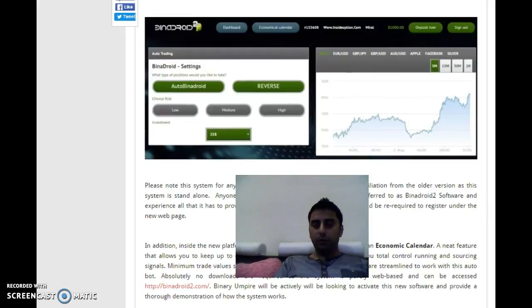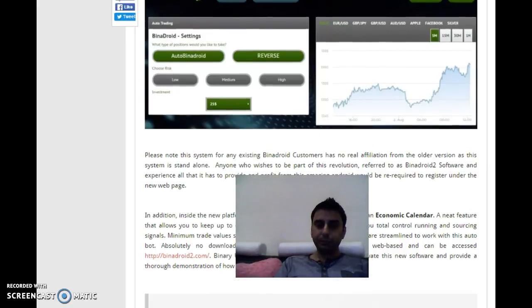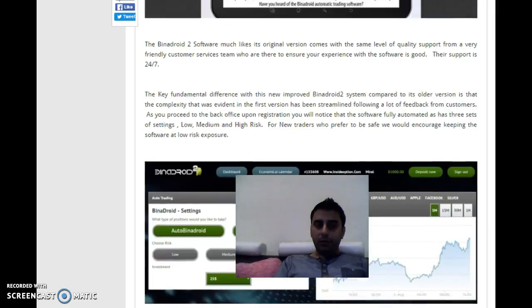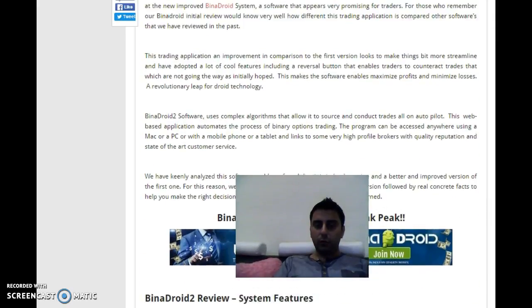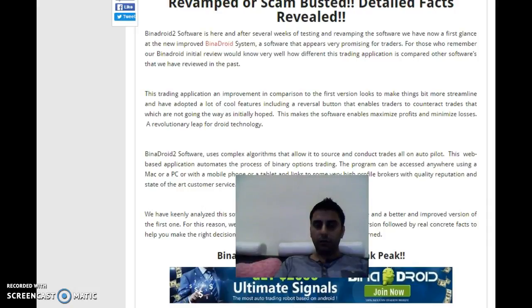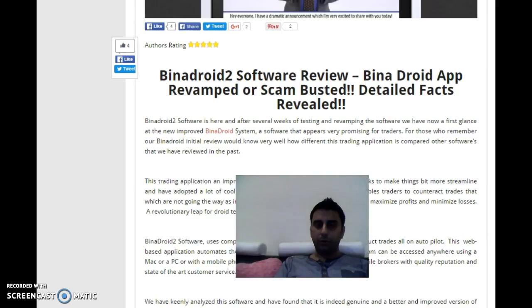This also enables traders to increase their capital at a much faster rate than would have been the case if it was just a normal auto trader, as we've reviewed in the past. Anyways, that's it for me for now. We will be testing this software in a bit more depth as the weeks go by.